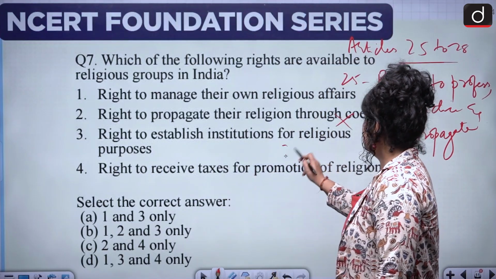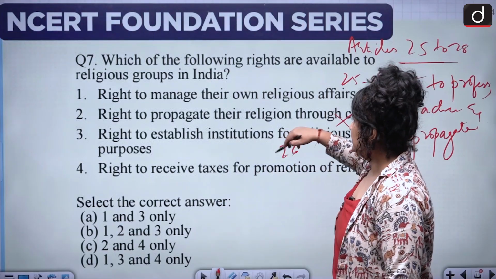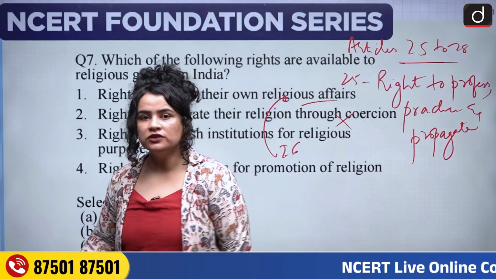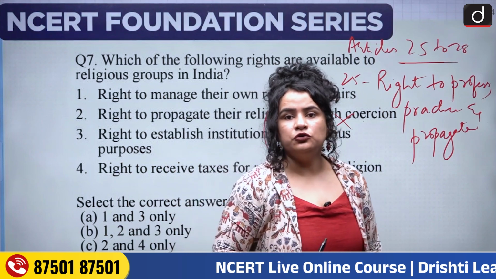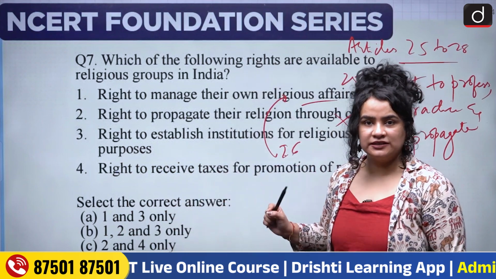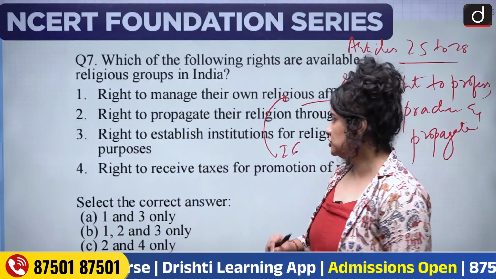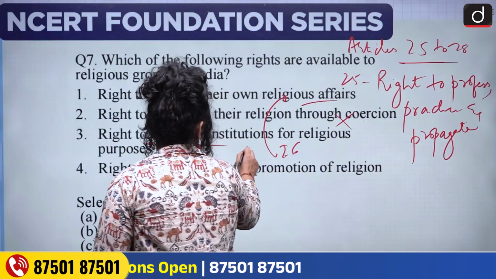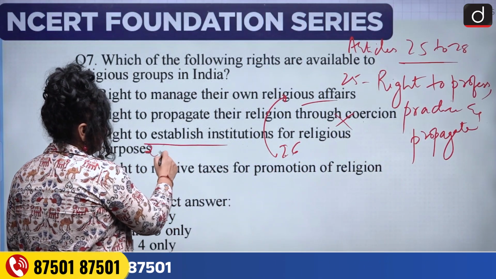Then we have article 26, which is basically right to manage own religious affairs. Now, this also includes the freedom to establish and administer certain religious institutions. You're very much permitted to do that. All right. This is also a part of 26.